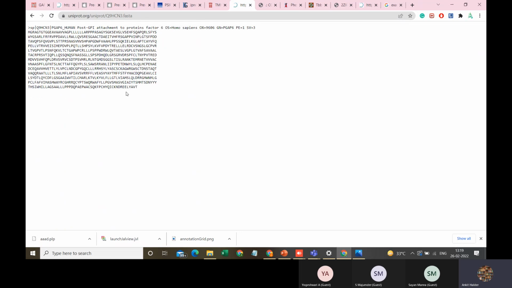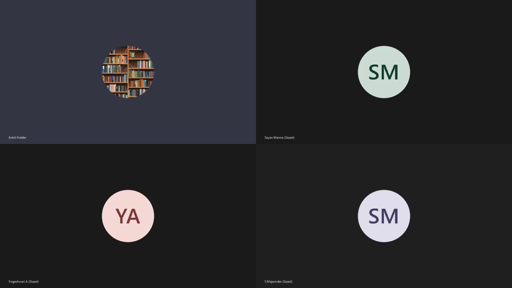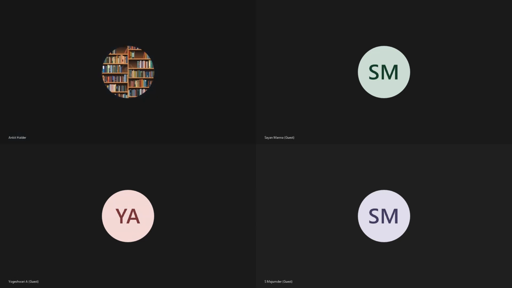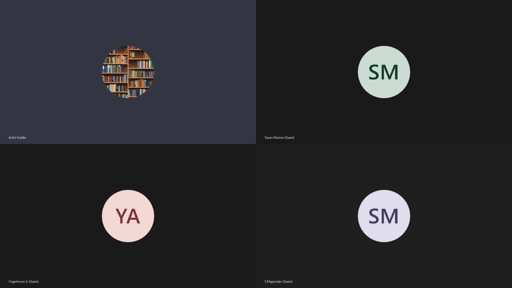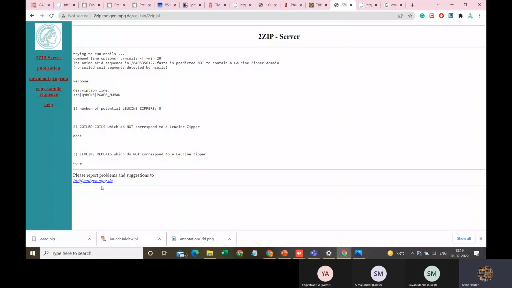We can try with this protein also. Here it is saying that it is not a potential leucine zipper. Only those having that particular feature it can predict.